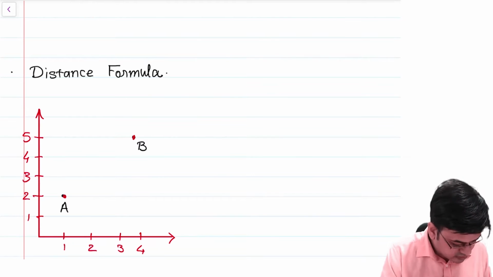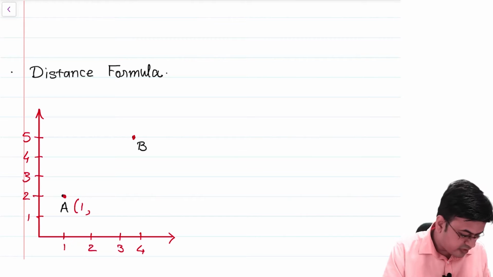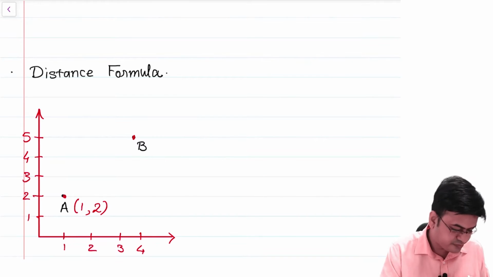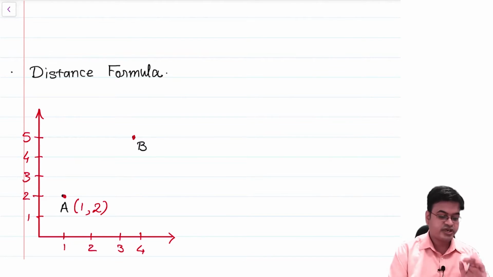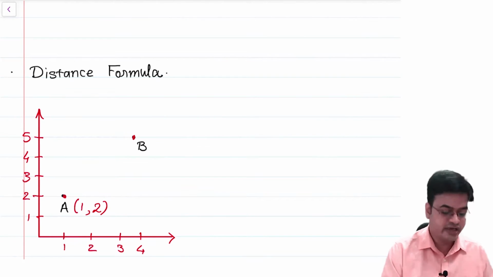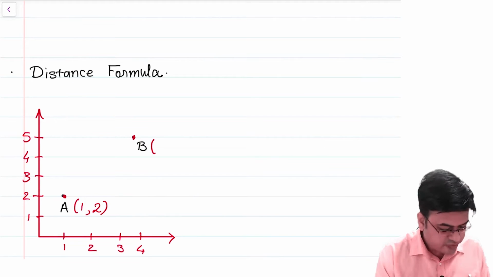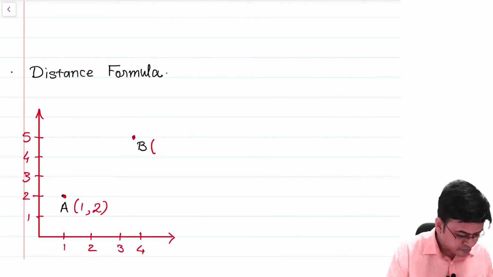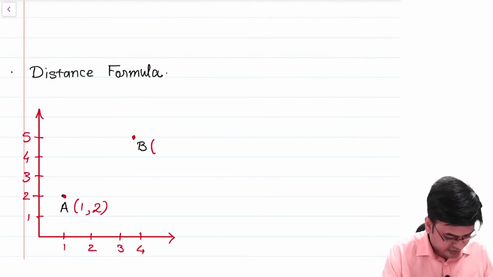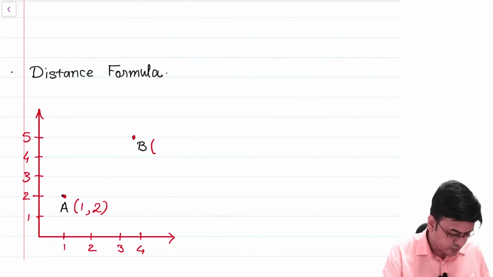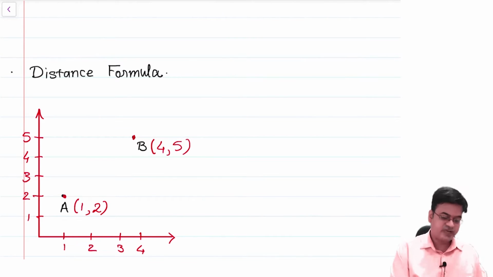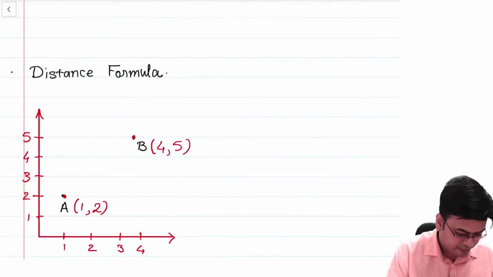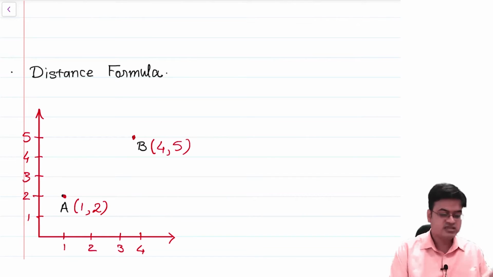What is the x coordinate over here? The x coordinate over here is 1 and the y coordinate is 2. So (1, 2) is the unique representation of point A with respect to our coordinate system. In a similar manner, if you consider point B, the y coordinate is 5 and the x coordinate is 4. So (4, 5) is the unique identification of these points A and B in this coordinate system.